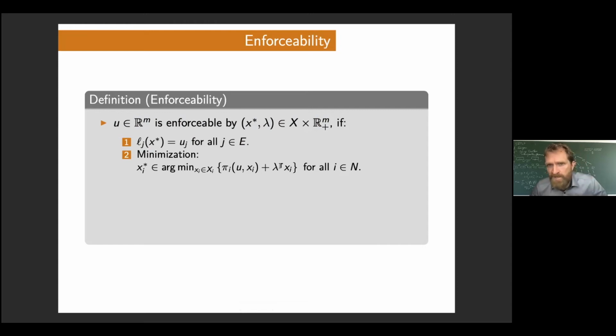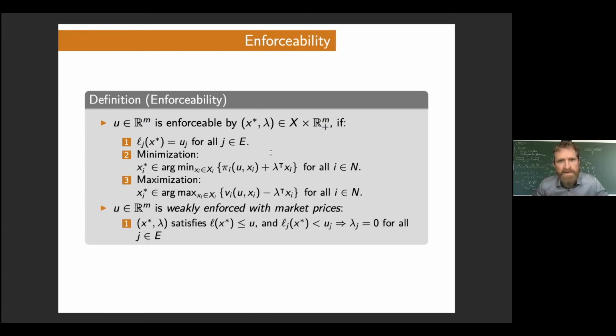And this is the equilibrium condition, right? Every player minimizes its own effective cost. The same for maximization. And we say weakly enforced with market prices if this complementary slackness holds. That means if a resource is underused, then the multiplier is 0. Yeah, this is the Walrasian setting of market prices.